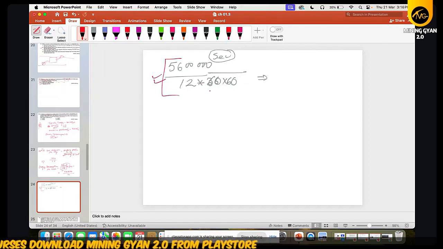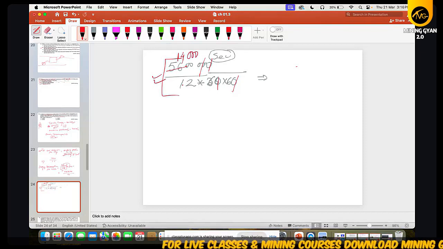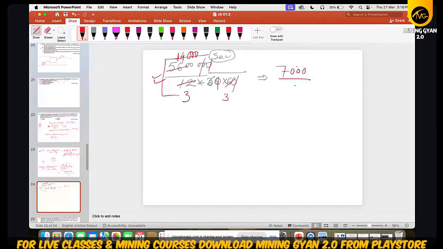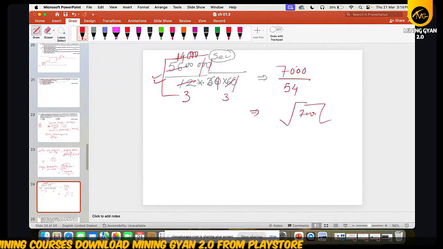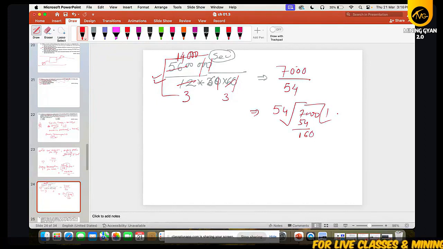Okay, if you want to cut it short, you can cancel terms and solve it. 7,000 divided by 54, you can divide 7,000 by 54 and the value will be, so like that you can solve it.